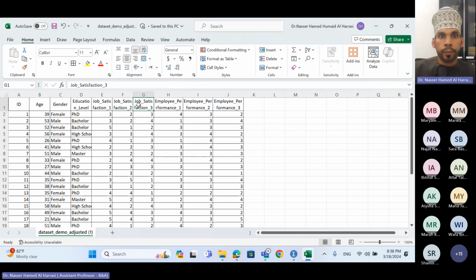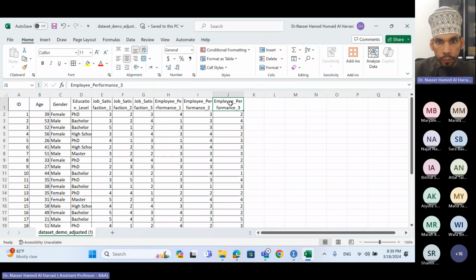And then number 3. Then we move to the next variable, the next factor, which is employee performance. Are you completing your task on time? Are you doing your task in an organized manner? So here you are going to have 3 items or 3 questions related to employee performance.